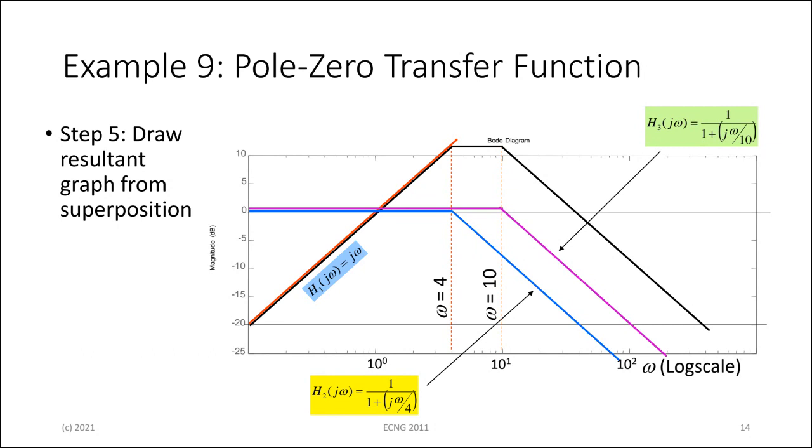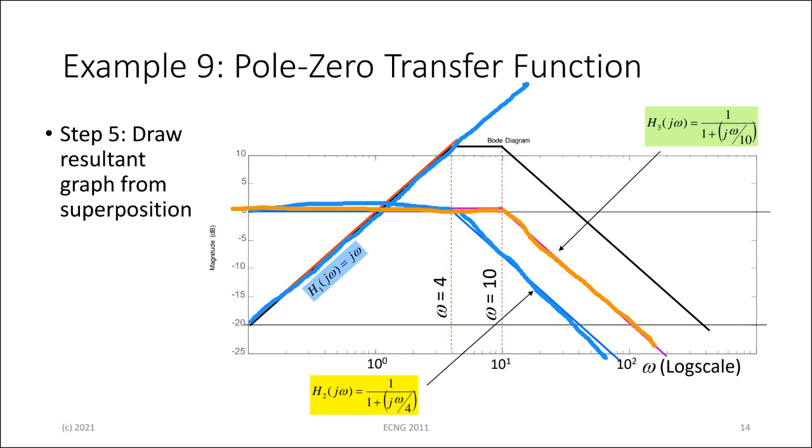So at that point, this is the zero here. This is the first one. And then the second component. And we add them up now because it's all logs, so we're adding up the responses.